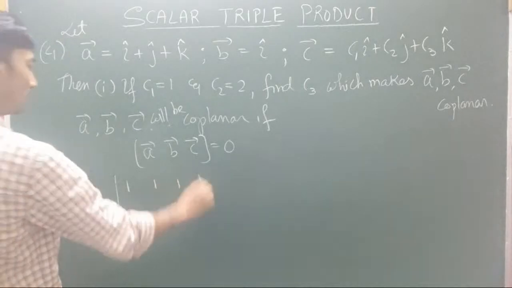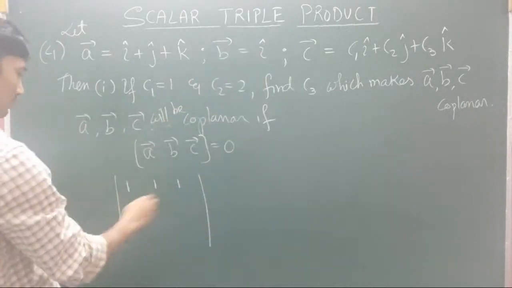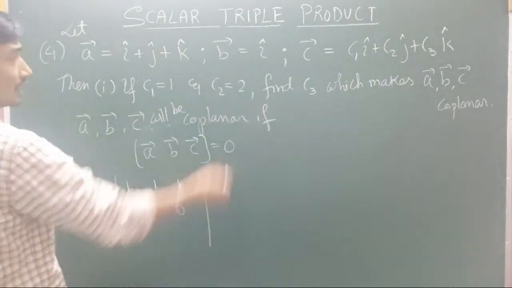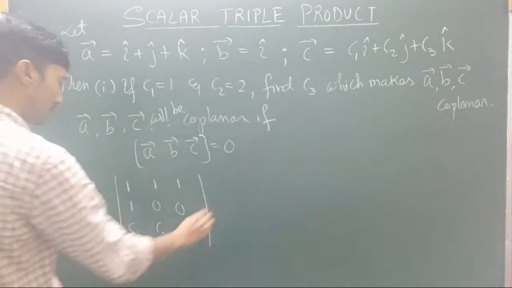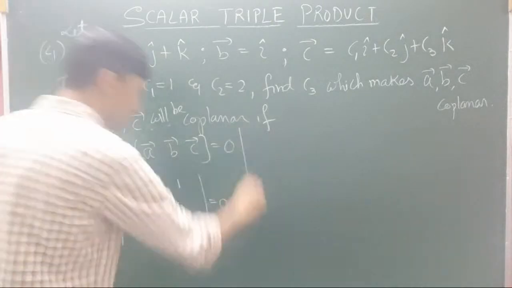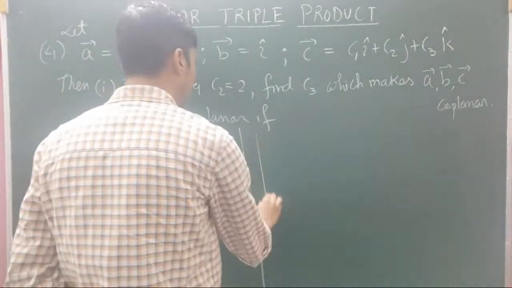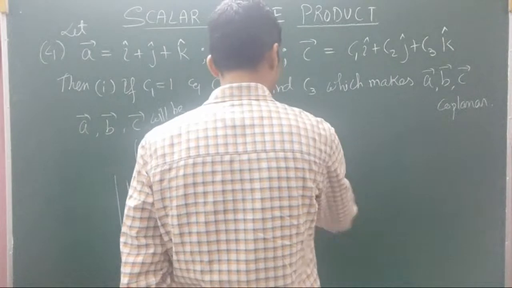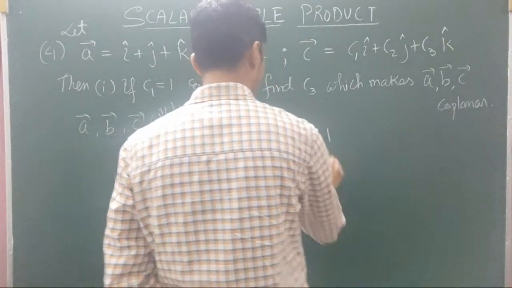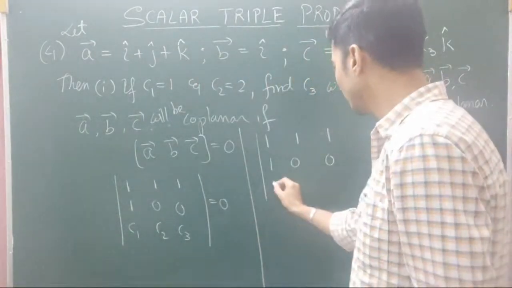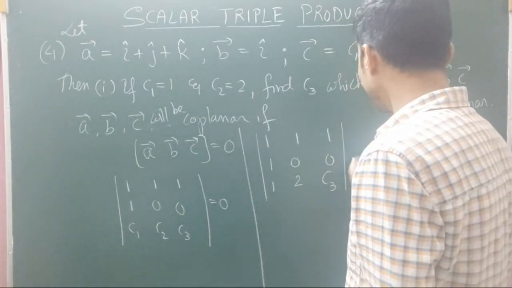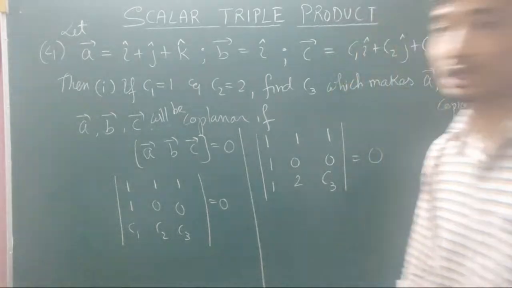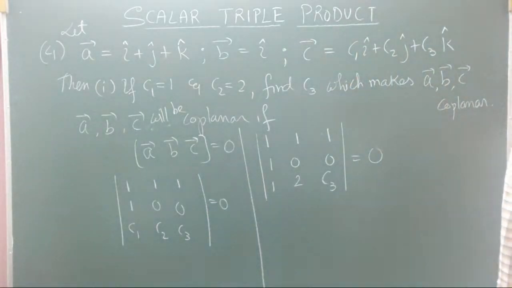A is 1, 1, 1. B, if we have only i cap, is 1, 0, 0. And C, we have of course C1, C2, C3, and this should be 0. Rewriting that again: 1, 1, 1; 1, 0, 0; C1 is given as 1, C2 is given as 2, and C3 we are supposed to find out for which the three vectors would be coplanar.